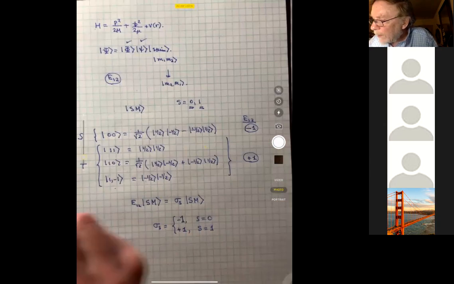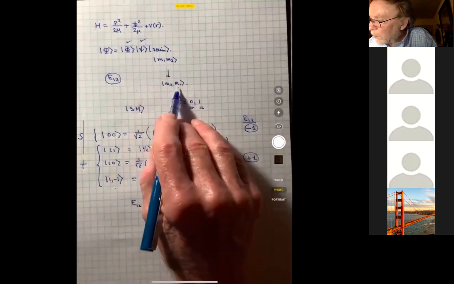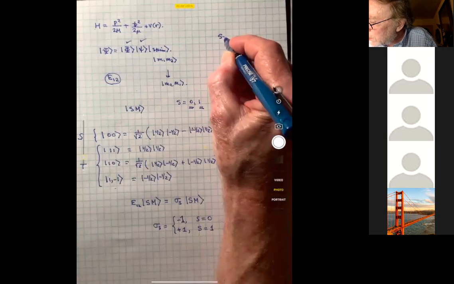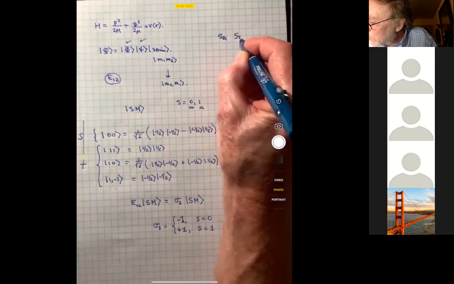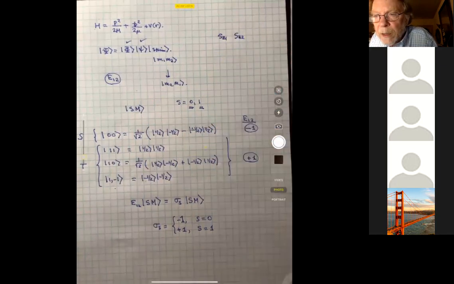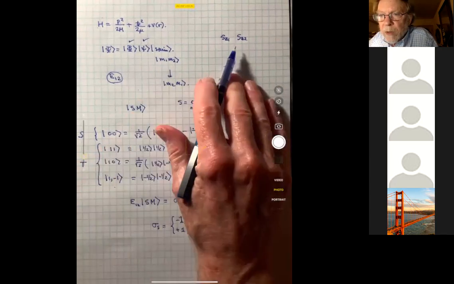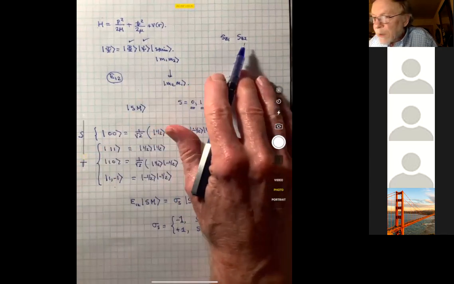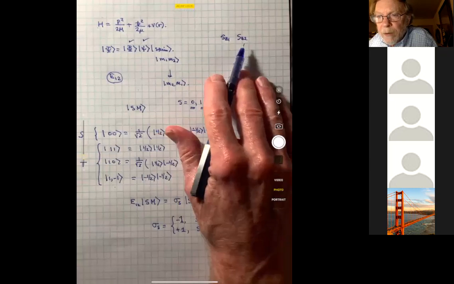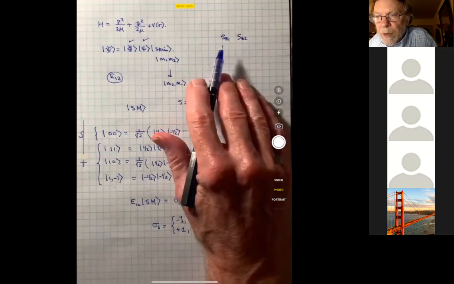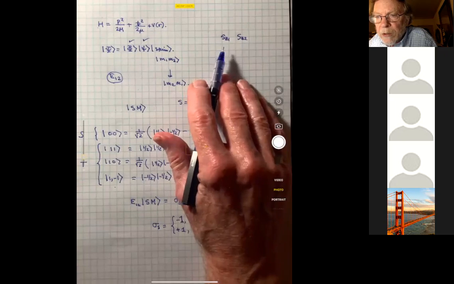By the way, the fact that M1 and M2 didn't work is due to the fact that S sub Z1 and S sub Z2, which are the Z components of spin of the two particles, of which M1 and M2 are the quantum numbers, are not physical operators because they label the particle in question.